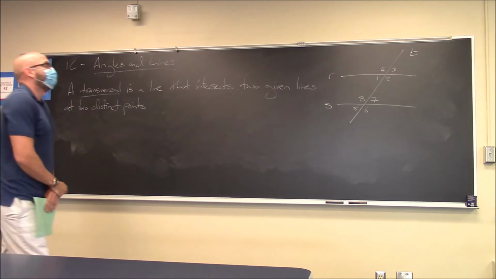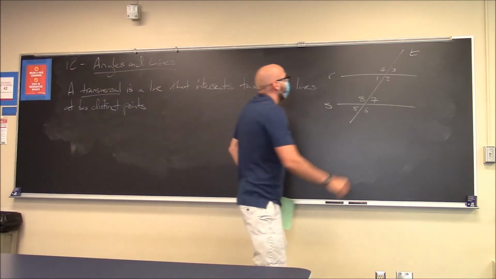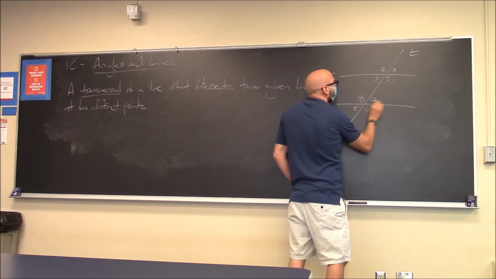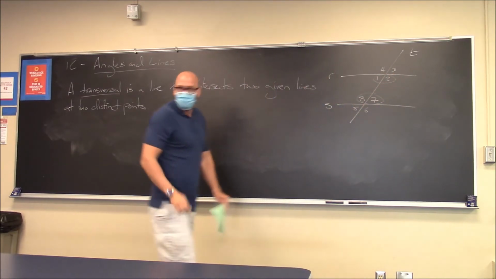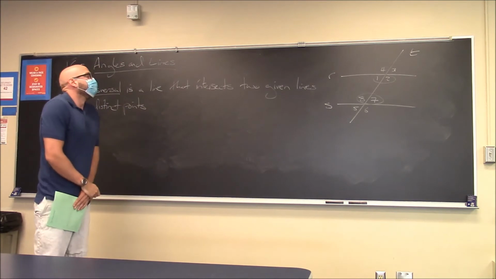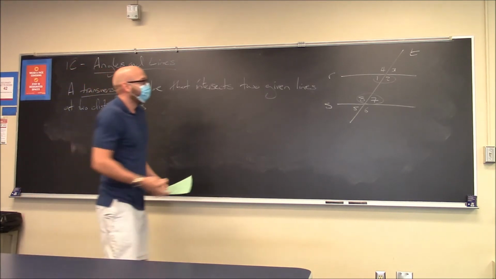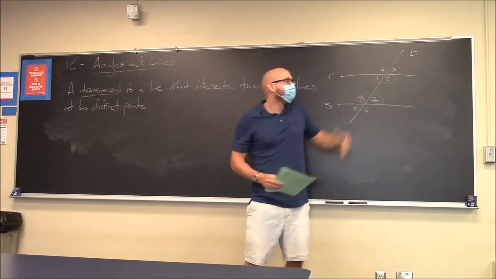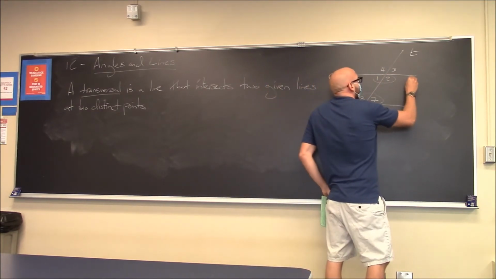For starters, let's point out that these angles that I've circled first, 1, 2, 8, and 7, are usually called interior angles. Why? Well, because they're on the interior of these two given lines. So these are interior angles.